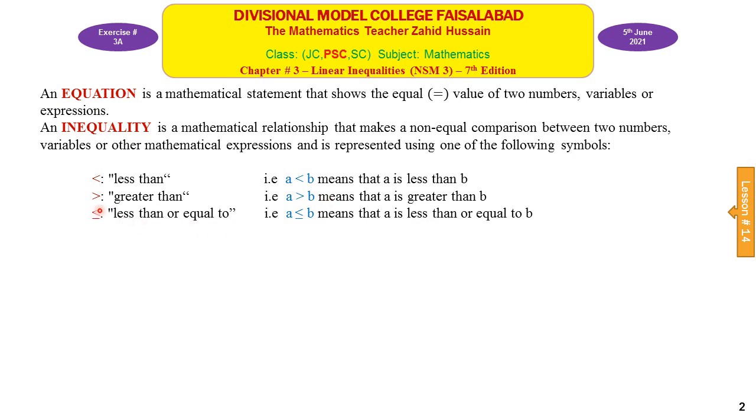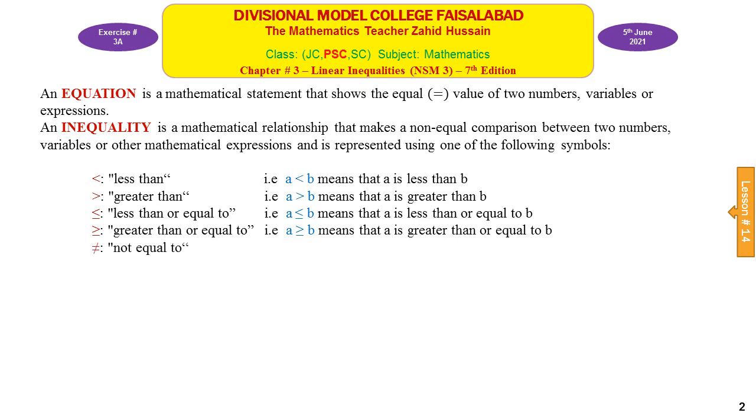This sign contains an equal sign as well, so this is called less than or equal to. This contains equal to sign, and this is the sign of greater than, so we will read this as greater than or equal to. And this is the inequality symbol which is not equal to. So if two statements are not equal, we will use this symbol.